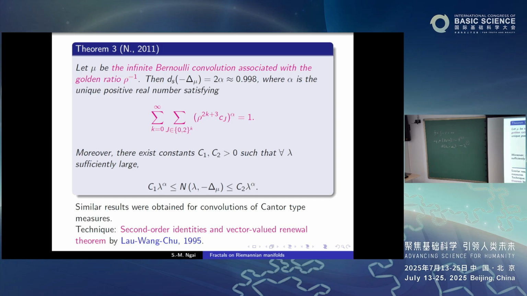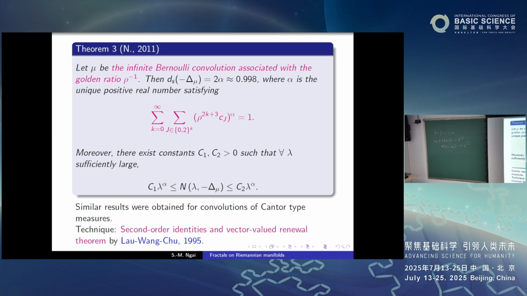For the infinite Bernoulli convolution associated with the golden ratio, the golden ratio is a Pisot number, the root of this equation. Actually it's the reciprocal, about (square root of 5 minus 1) over 2, approximately. So this is a contraction ratio, about 0.6.